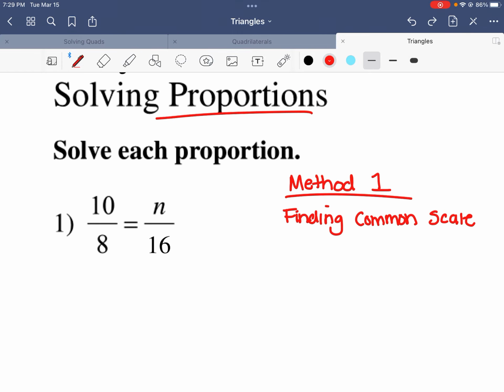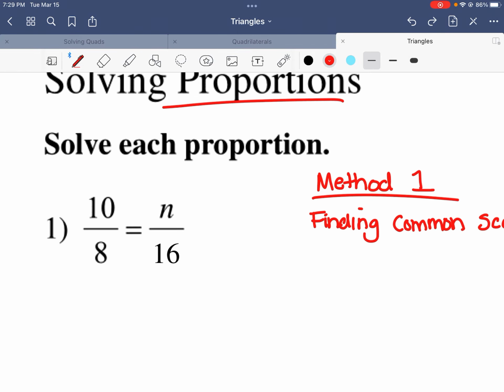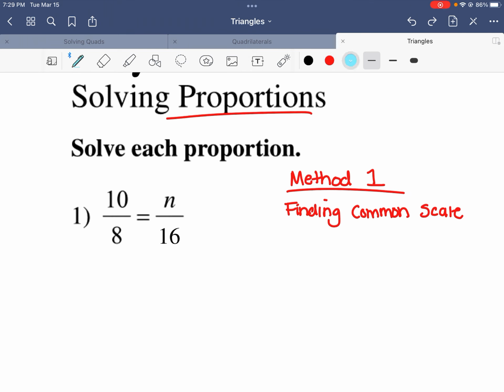So for example, right here I have two proportions, and somehow I went from 8 to 16, and I'm trying to see what the scale factor is so that if I have something that is 10, what is it going to scale up to? I see that I went from 8 to 16, so for sure 10 is going to be, the n is going to go bigger than 10.